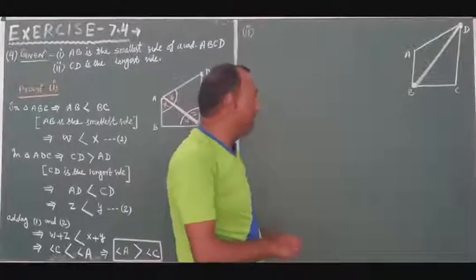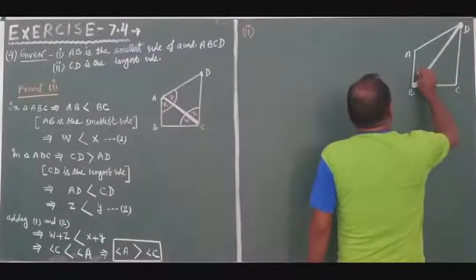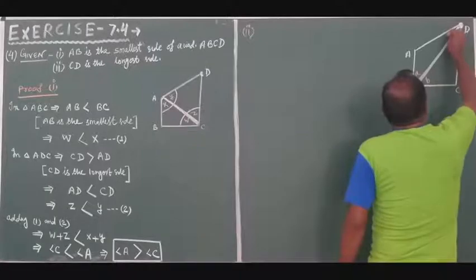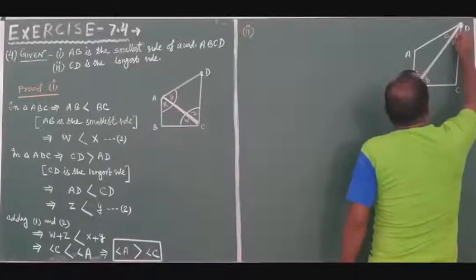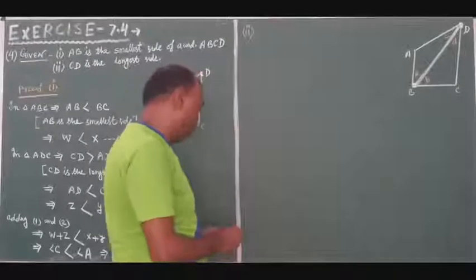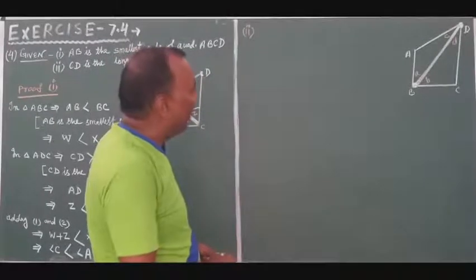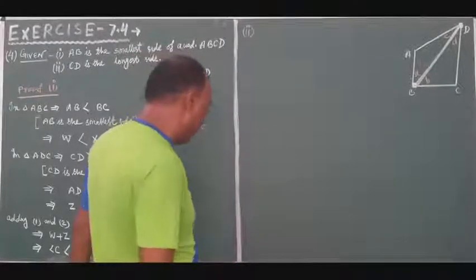Now same condition here. Just look. Suppose this is angle a, this is B, and this is C and this is D. Now again you have 2 triangles, ACD and BCD.